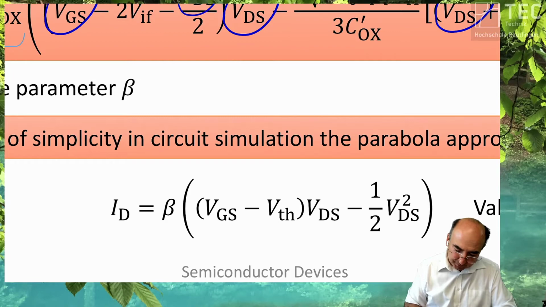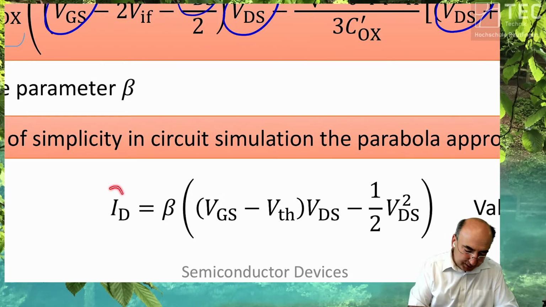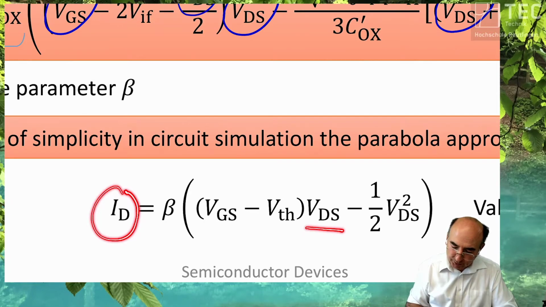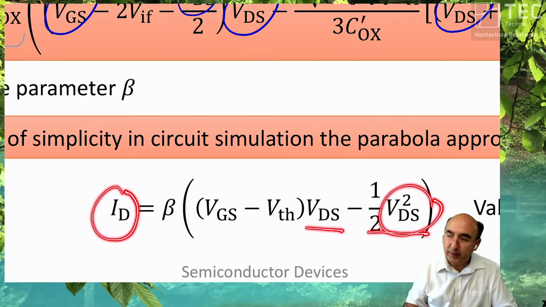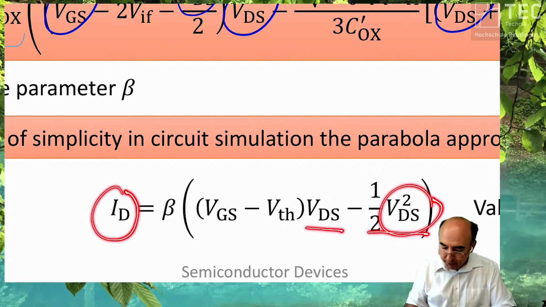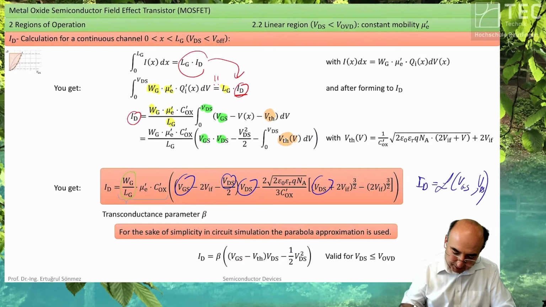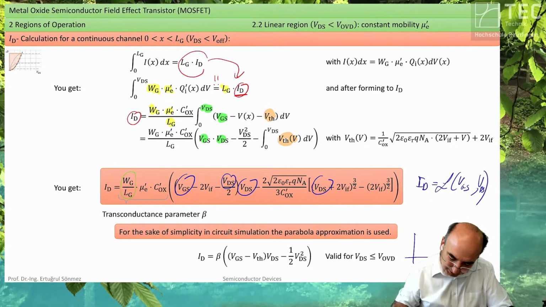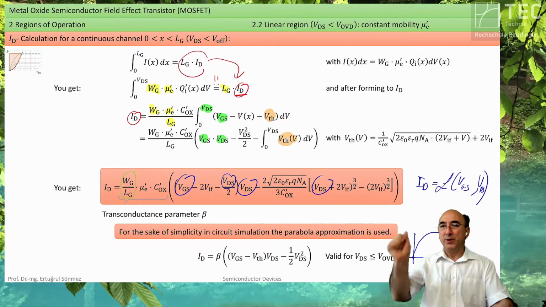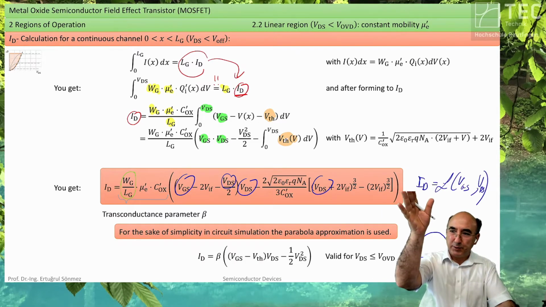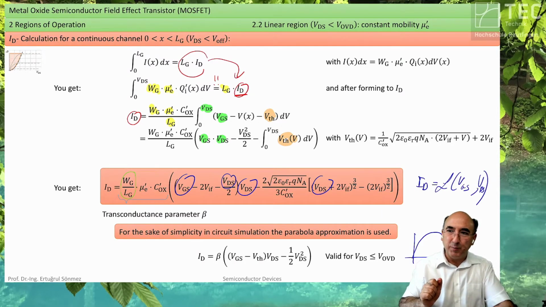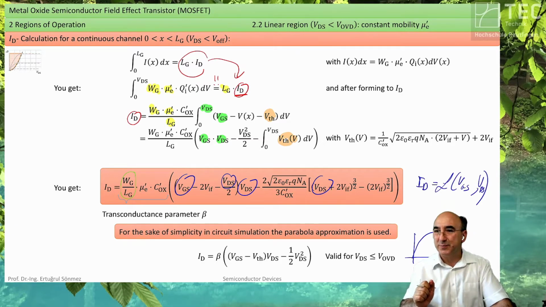We have increased drain current with the drain source voltage, and proportional to the square of the value, you have a minus sign. So this is something like this, okay? Your paraboloid trace of a ball thrown into the space.